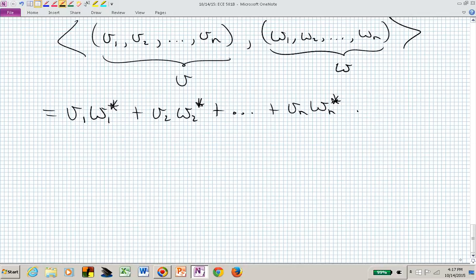And that's the standard inner product that we will use if nothing is said and somebody says, oh, you have F^n with an inner product. You can probably assume this is the inner product that we are using unless we've stated it differently.